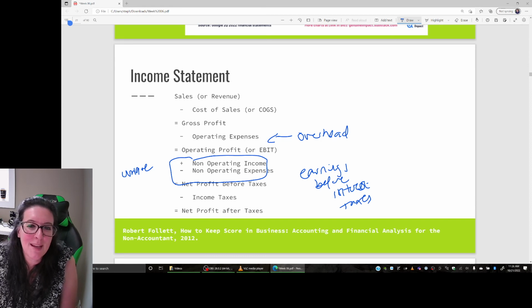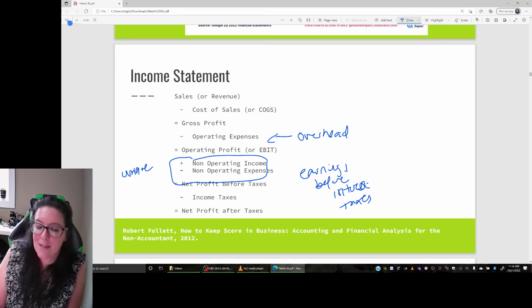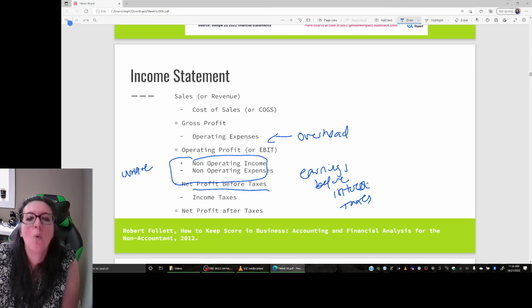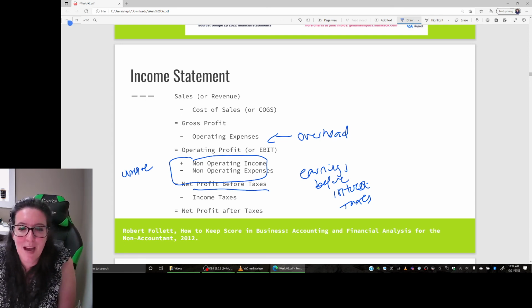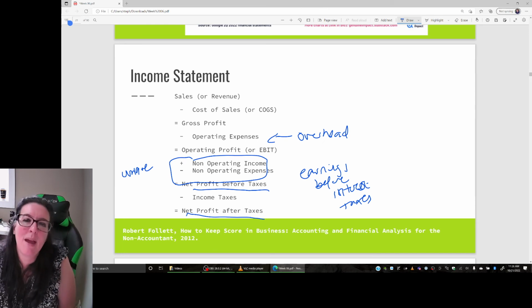So these are unique changes to the organization. We add the non-operating income, we subtract the non-operating expenses. That's going to give us our net profit before taxes. We then subtract the income tax, and that will give us our net profit after taxes. So these pieces here make up what is an income statement.